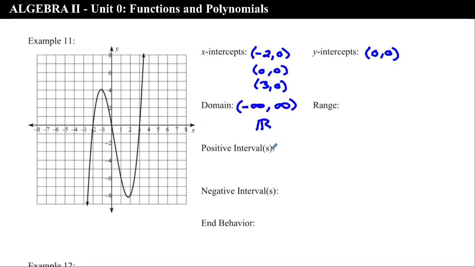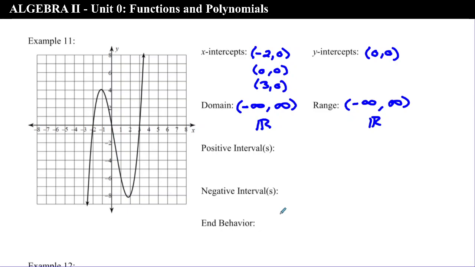The range is similarly going to be going from -infinity to infinity because we are going down in the infinite direction and we're going up in the infinite direction. So our range is also negative infinity to infinity, and if you wanted to write it in set notation, you would write it with the R representing all real numbers.